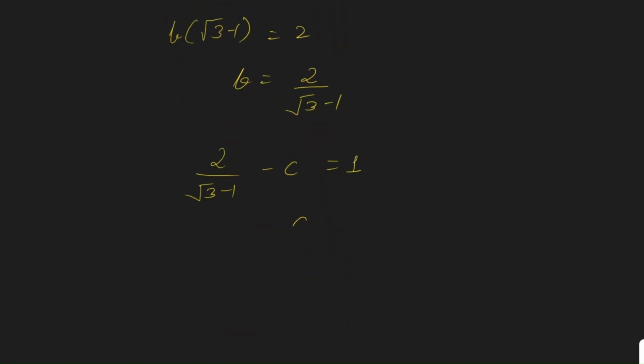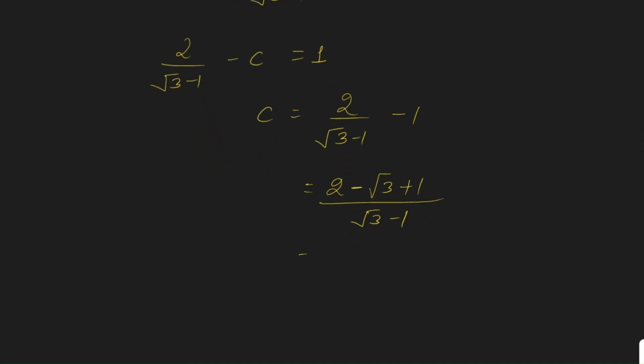So here the value of c should be 2 over square root of 3 minus 1, minus 1, and then this is going to be 2 minus square root of 3 plus 1 over square root of 3 minus 1, which is the same as 3 minus square root of 3 over square root of 3 minus 1. Alright, so these are the values of b and c.